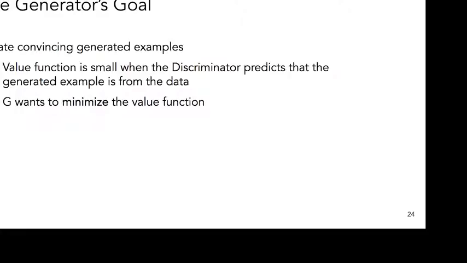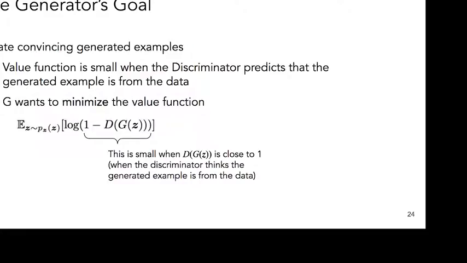So G wants to minimize the value function. And this is one term from the value function. As we can see, this just means expectation. This Z just means we're only concerned with inputs that are from Z, which is the noisy space, just the random noise that the generator gets. And so we have log of 1 minus D of G of Z. So G of Z, that's our fake example.